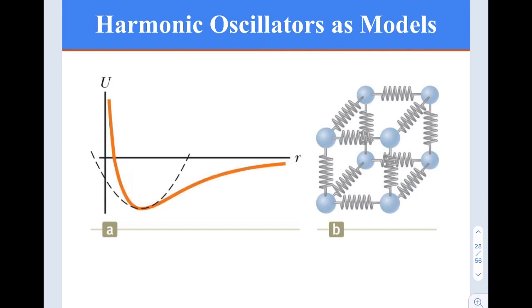The orange color almost resembles the dashed line. That is how scientists assume that the energy of the bond between one atom and its neighboring atoms is similar to the behavior of a simple spring like this.